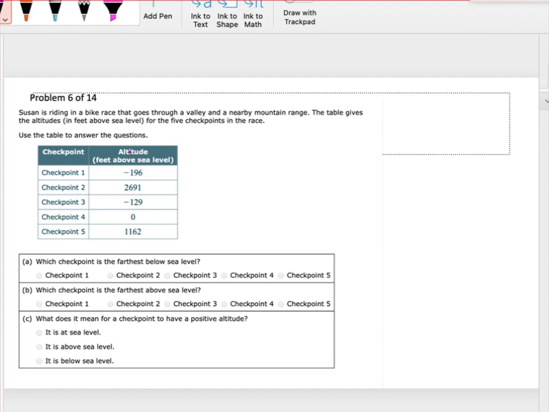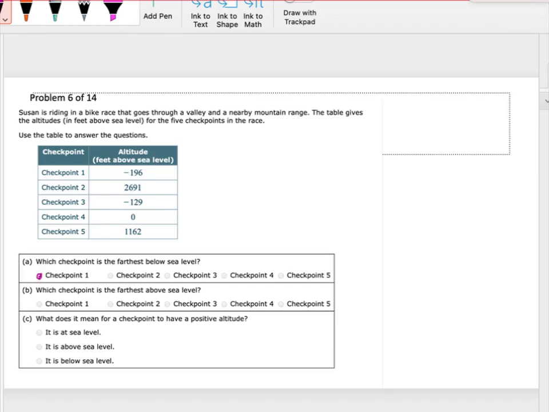All right, so now problem 6 of 14. Susan is riding in a bike race that goes through a valley and a nearby mountain range. The table gives the altitudes in feet above sea level of the 5 checkpoints of the race. Which checkpoint is the farthest below sea level? Okay, so below sea level would be negative, and it's going to be the most negative of all, and that would be checkpoint number 1.